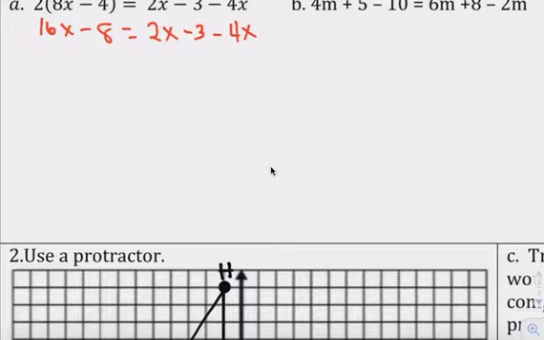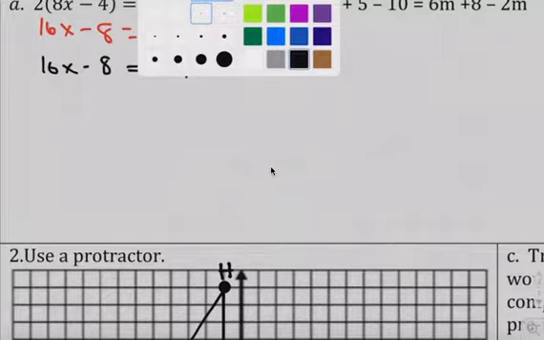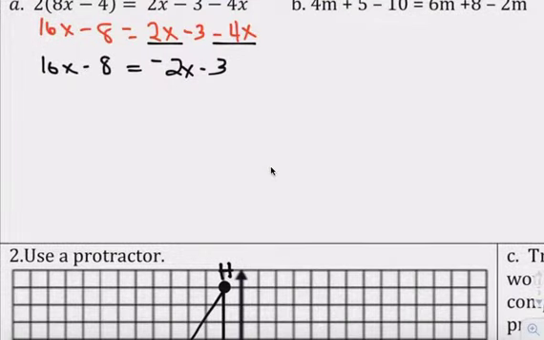Most of you can get here because we distribute. Here's where the mistake is. That's 2x minus 4x. We call that combining like terms. We get negative 2x minus 3 equals 16x minus 8. Okay, get rid of the smallest variable. This is the smallest one, so we add 2x to make 0.